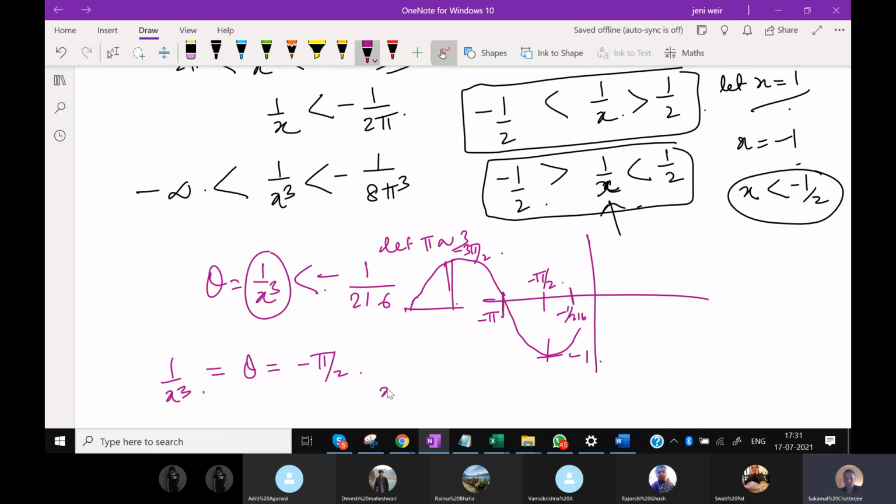So that means x cube is equal to minus 2 by pi. So x would be minus 2 by pi to the power 1 by 3. Right?